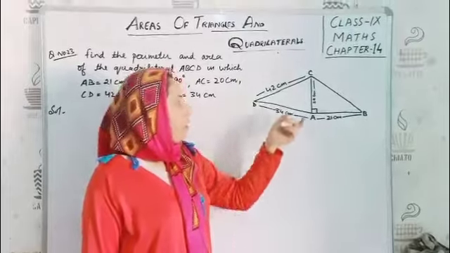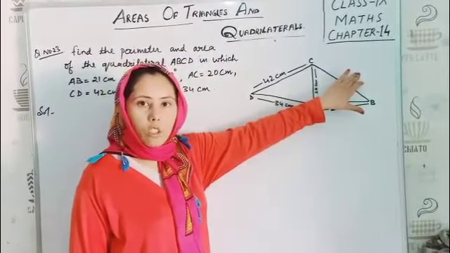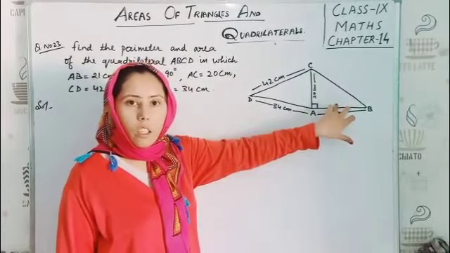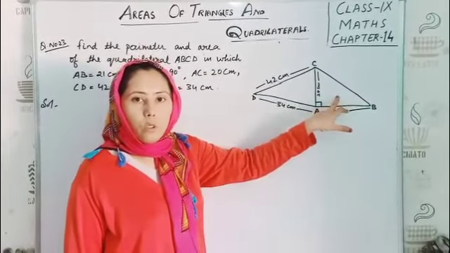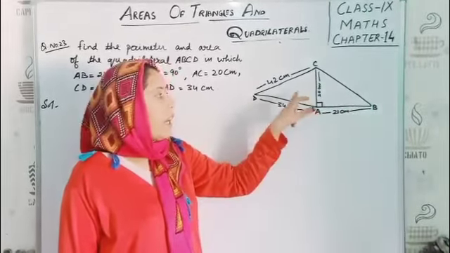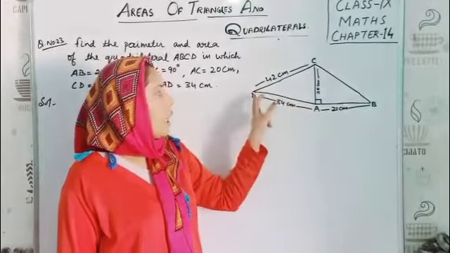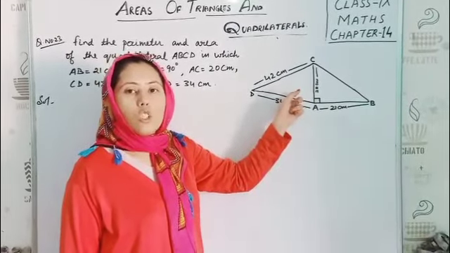Like the previous question, first of all we will find the side BC using Pythagoras theorem in this right angle triangle, and then using the half base into altitude formula we will find the area of this triangle, and we will add the area of triangle ADC, and we will find that area using Heron's formula.